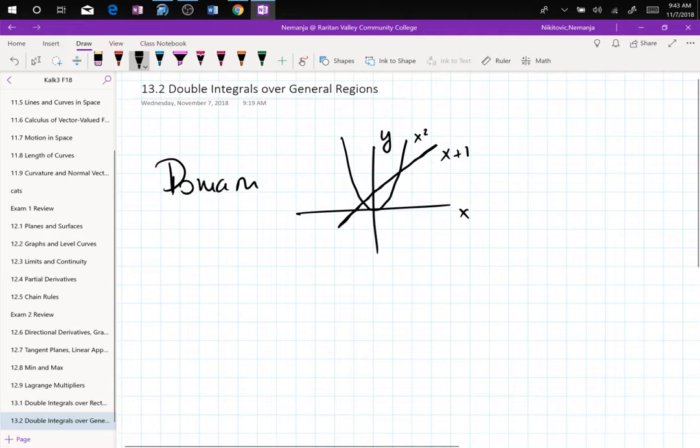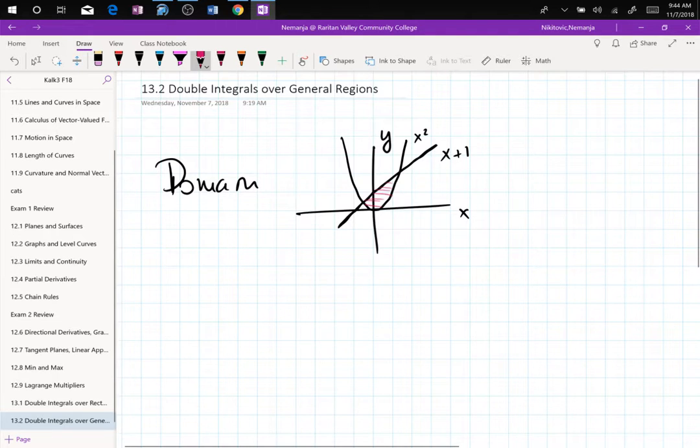So now that would create a shape for a region that is no longer a rectangle, right? And now you will have a shape. Now, what is this shape?